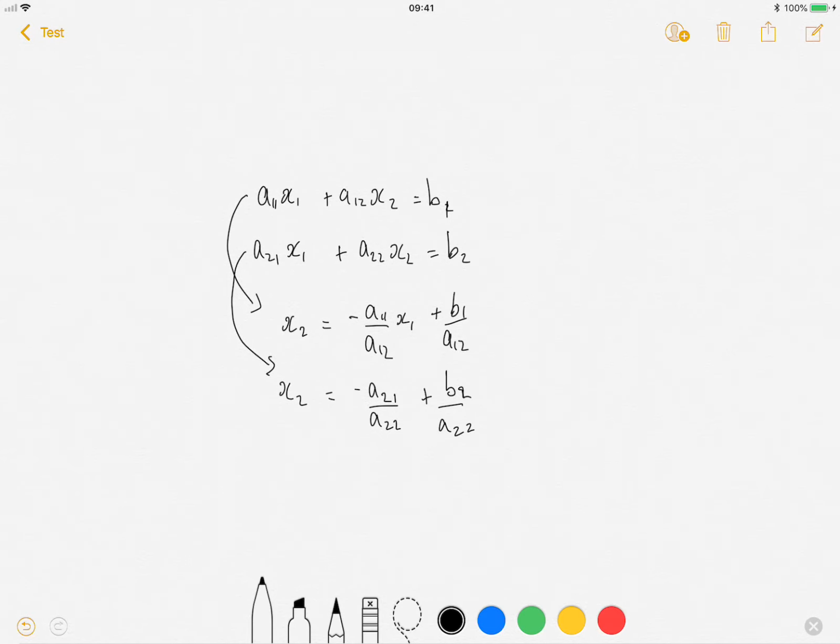Can you see how this is similar to our normal straight line equation where we have our slope term and our intercept?